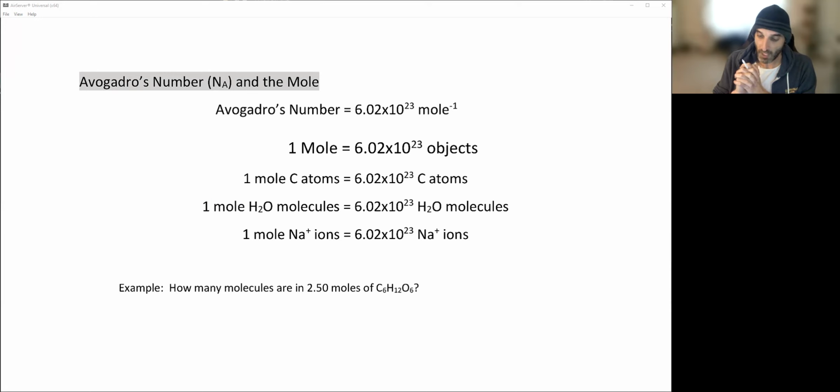So it's important to recognize that this, again, is just a conversion factor. So 1 mole is equivalent to a quantity. It's not quite the same as a lot of the other conversion factors that we use. So 1 mole is equal to 6.02 times 10 to the 23rd objects. There's nothing associated with a mole other than that number.